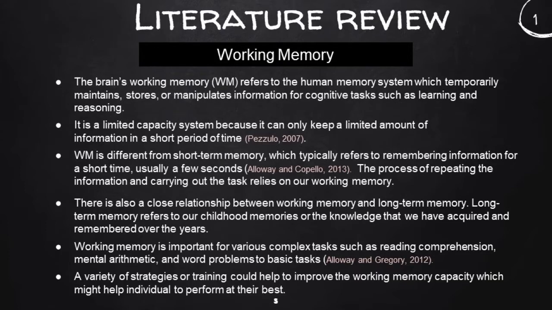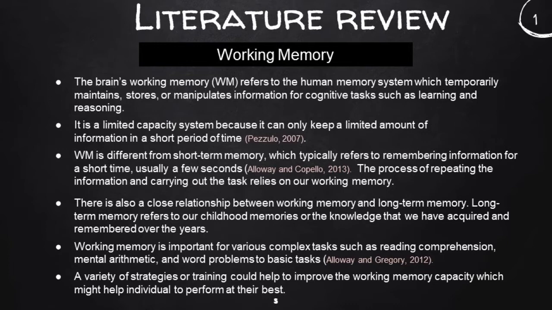Working memory. The brain's working memory refers to the human memory system which temporarily maintains, stores, or manipulates information for cognitive tasks such as learning and reasoning. Working memory is a limited capacity system because it can only keep a limited amount of information in a short period of time.